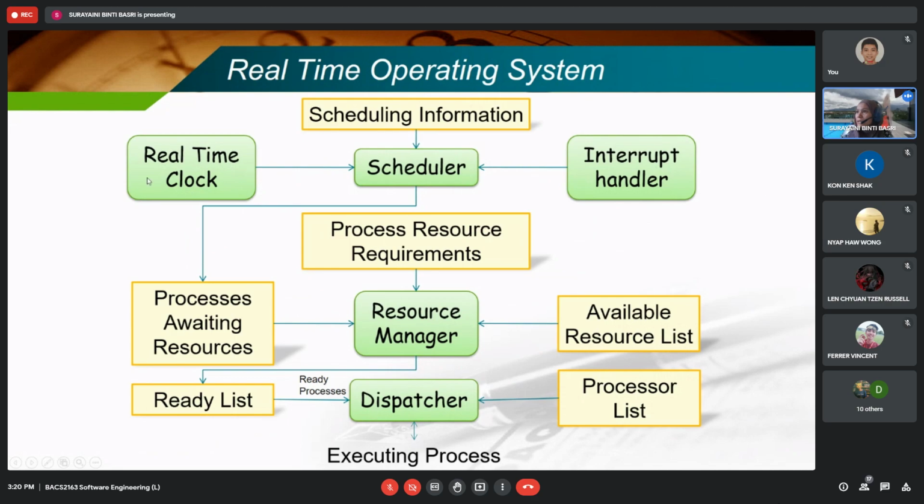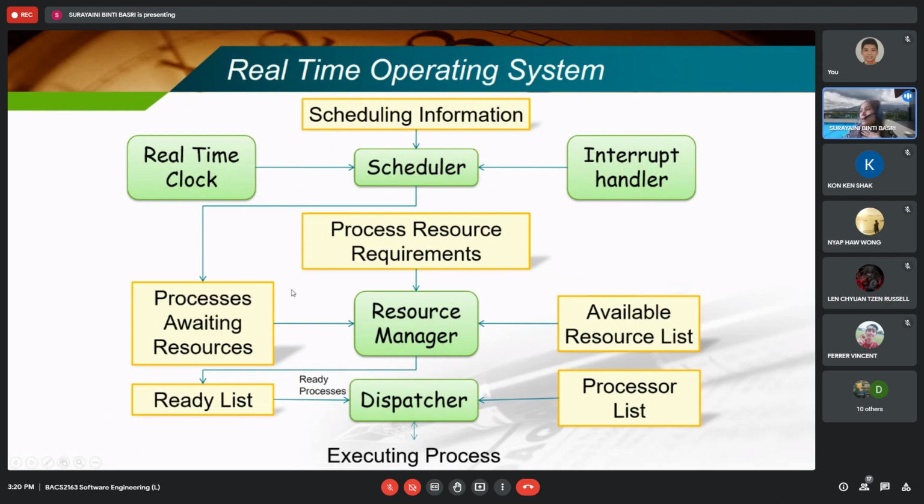The green one here is the component of the RTOS, and the yellow one is the information that it needs. So for the scheduler to be able to schedule, it needs the real-time clock input, the interrupt handler input, and also the scheduling information.